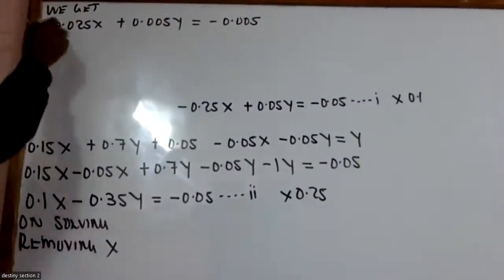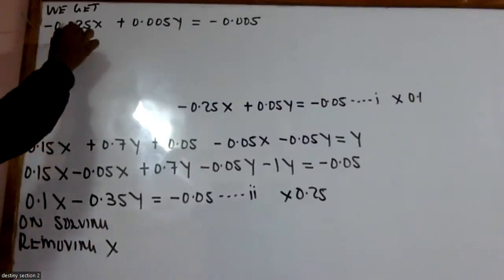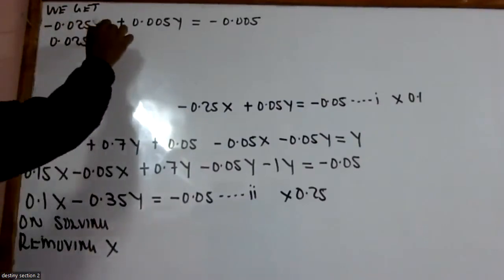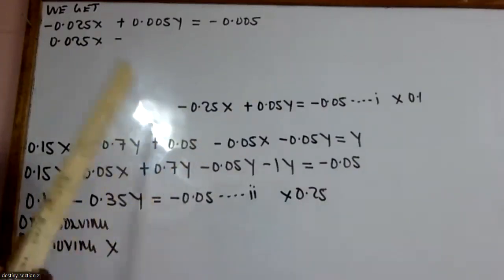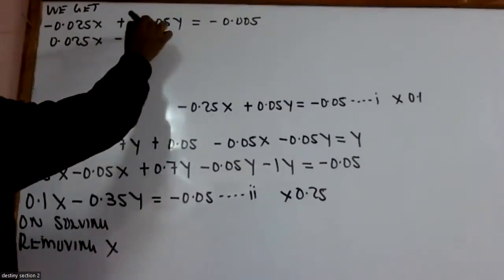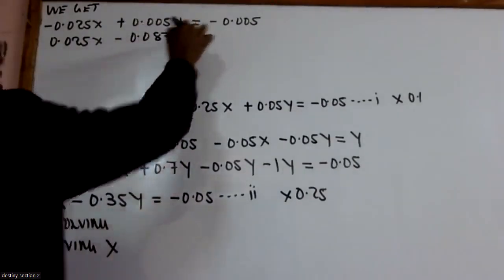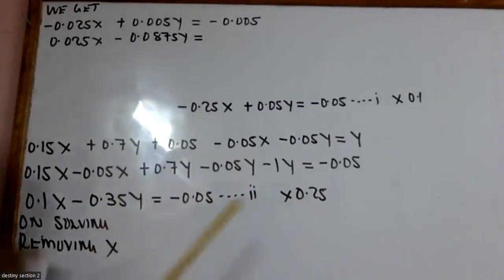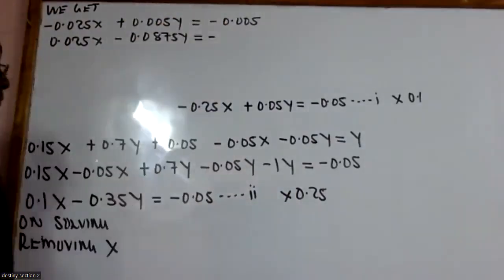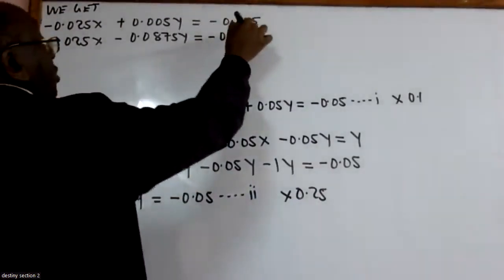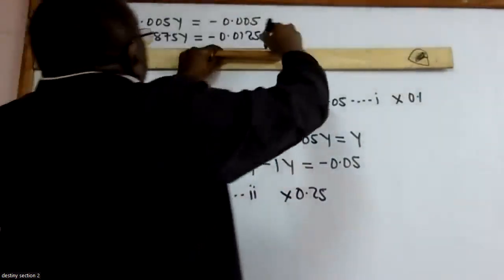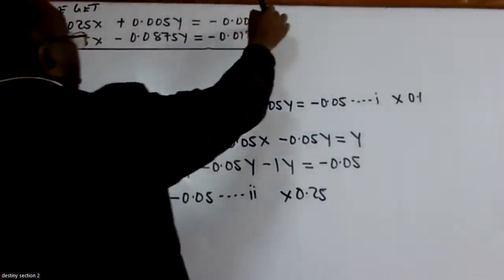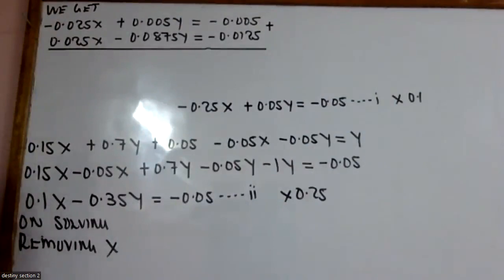Tell me, this will be 0.025x minus what? Give me 0.35 times 0.25. 0.0875y equals, then when you multiply this with this it will be minus what? 0.0125. So now we are going to add so that x disappears.